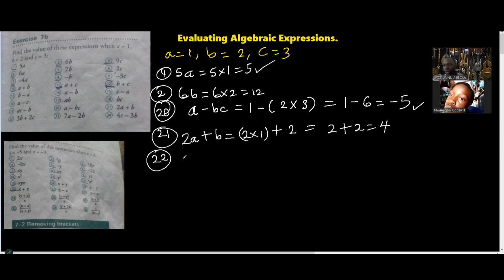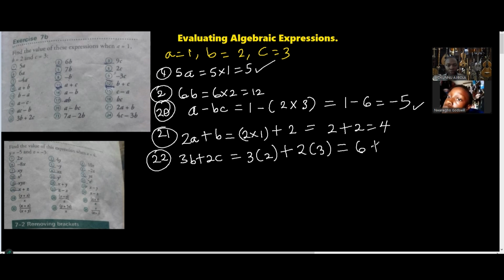So number 22, we have 3b plus 2c. B is 2, that is 3b. Then 2c, c is 3. So 3 times 2 gives us 6, and 2 times 3 gives us 6, which is going to be 12.